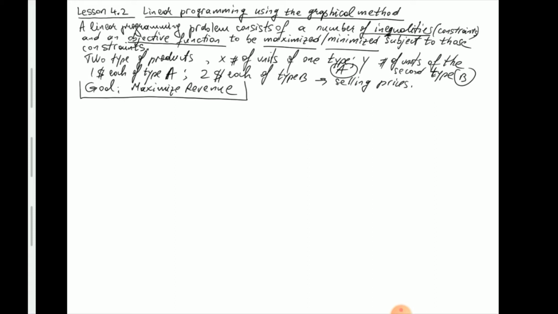So if I want to maximize the revenue, then in this particular case, the objective function is going to be R, let's call it R from revenue, is going to be equal to $1 each times the number of units plus $2 times the number of units of the second type. Okay, so in short, R is going to be X plus 2Y. So that's an example of an objective function, and in this case, again, we want to maximize it. So that's the goal.